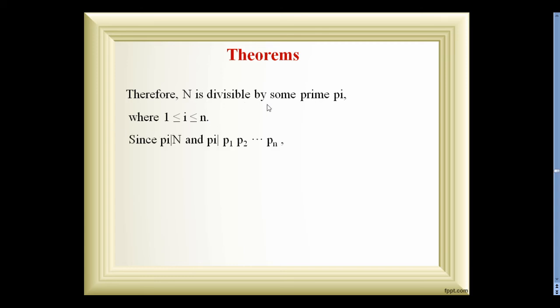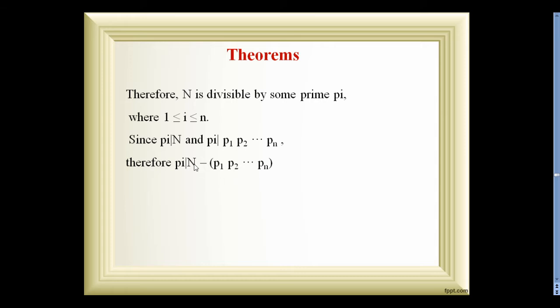Now, N is divisible by some prime Pi means Pi divides N, and Pi also divides the product of all the primes, P1, P2, up to Pn. That means from these two statements I can tell Pi divides N minus P1, P2, up to Pn.